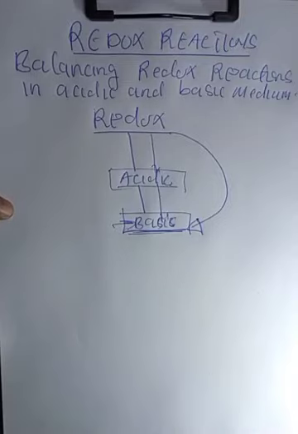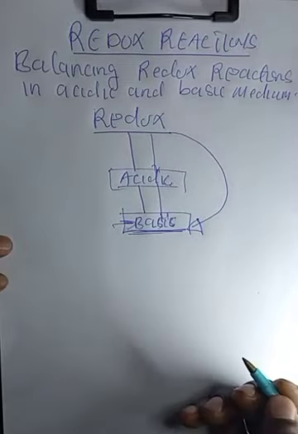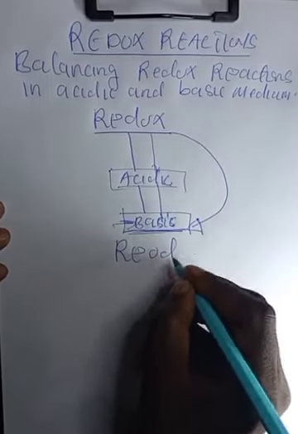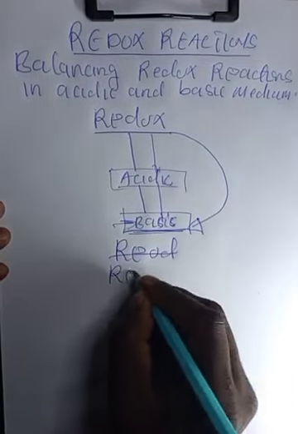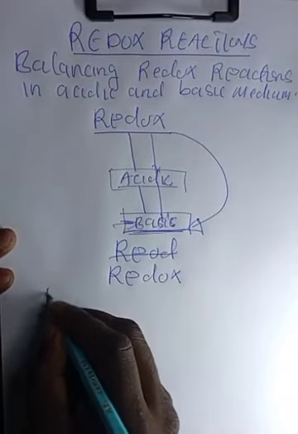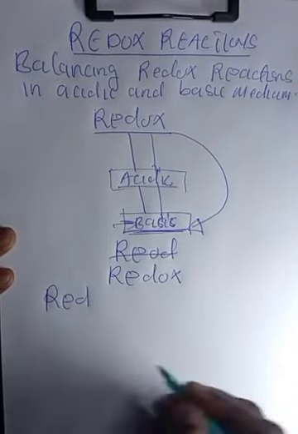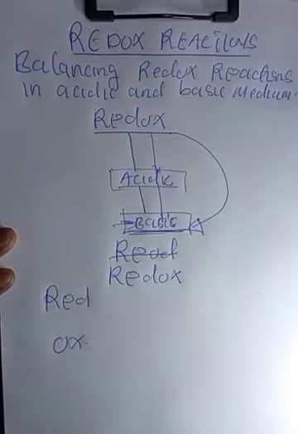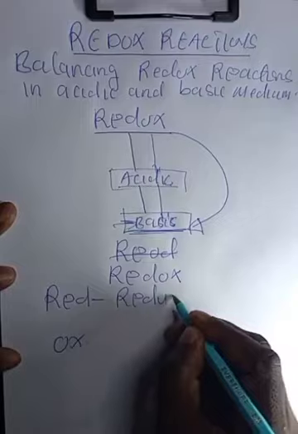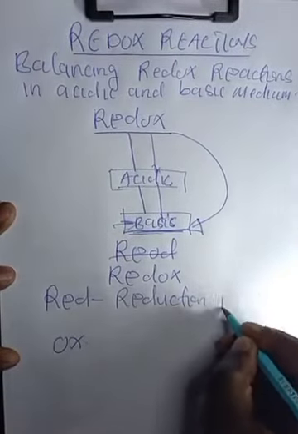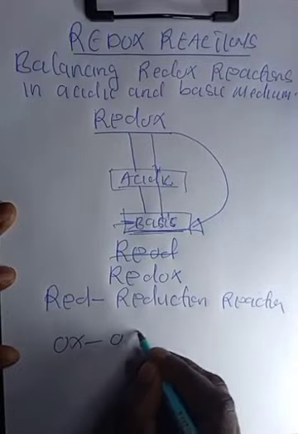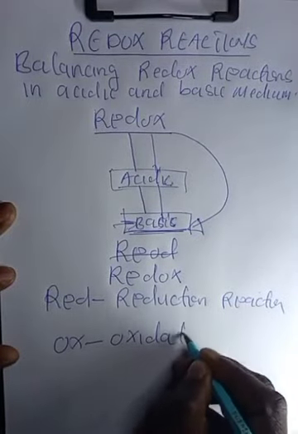Okay, so let's begin. We are talking about redox reaction. If you think of the word redox, we say that redox is made up of two words: red and ox. The word red means reduction reaction, and ox means oxidation reaction.